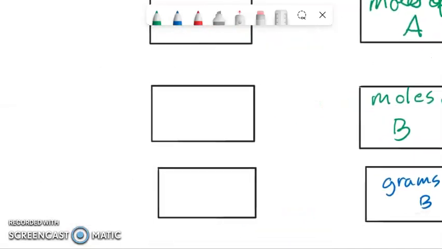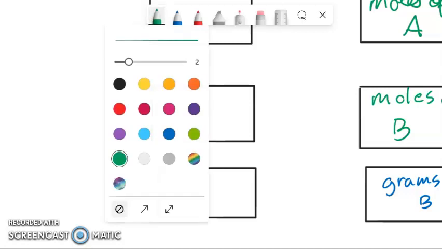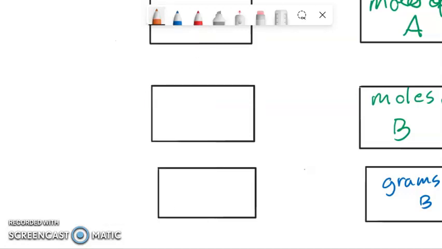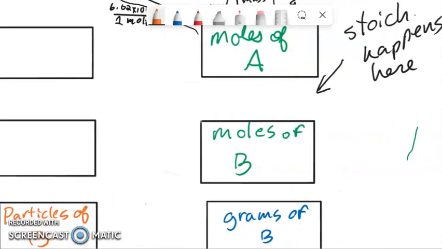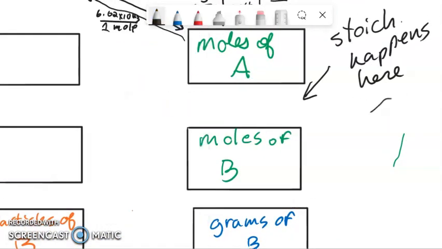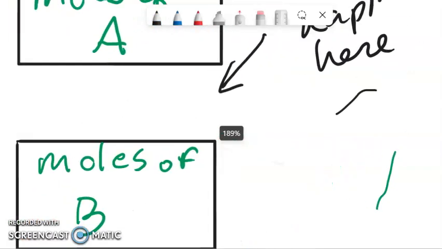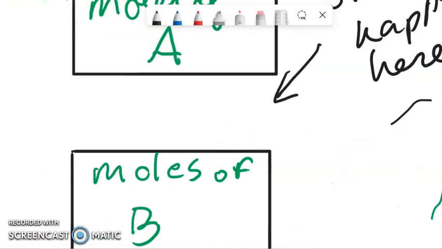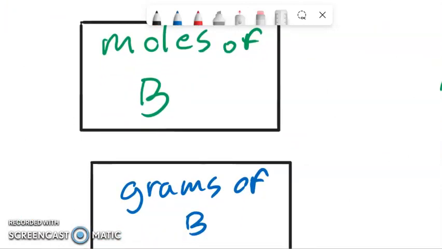And here we are going to have particles of B. All right. Let's fill in our arrows. We're going to start with what we already know.